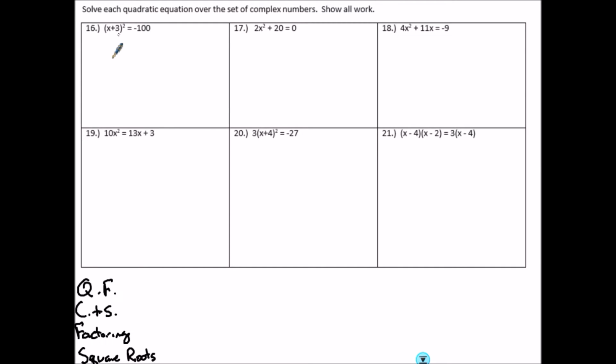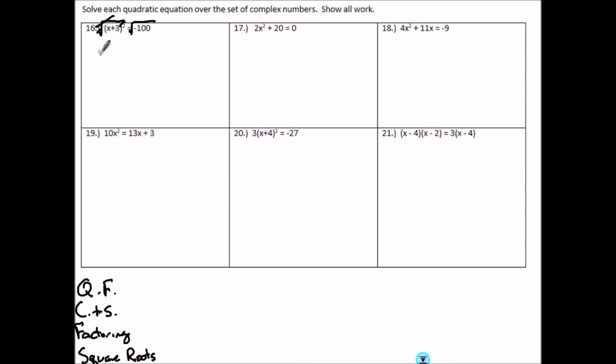This first equation, (x + 3)² - 100 = -100, is already set up so that we could solve using square root, because we could take the square root of both sides to move on. We have one quantity being squared and no other x variables in the equation, so we can square root both sides to undo the second power.